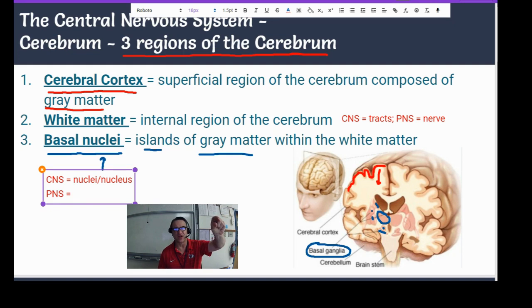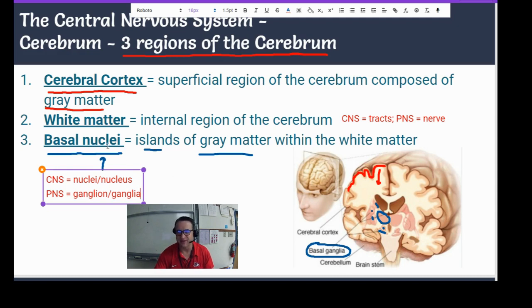So the sensory neurons come through the back of the spinal cord, and just before it enters the spinal cord, there's a bulge there in the nerve, and it's a bunch of neuron cell bodies. Since it's just out of the spinal cord, just out of the central nervous system, it's called a ganglion. Ganglion or ganglia for plural.